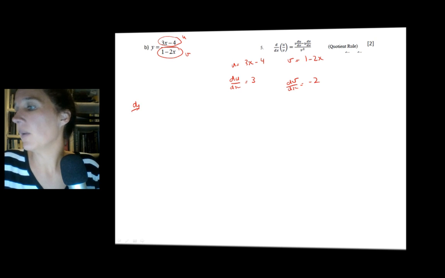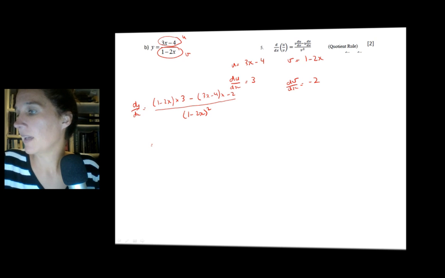So here our dy on dx therefore becomes v, 1 minus 2x, multiplied by our du on dx, which is 3, minus our u, which is here 3x minus 4, multiplied by dv on dx, which is negative 2. All divided by v squared, which is 1 minus 2x all squared. So here we get 3 minus 6x, and we've got minus multiplied by a minus here.